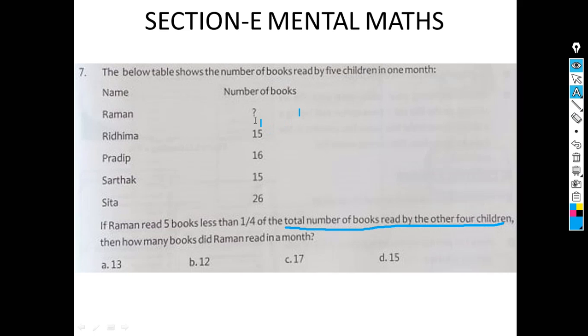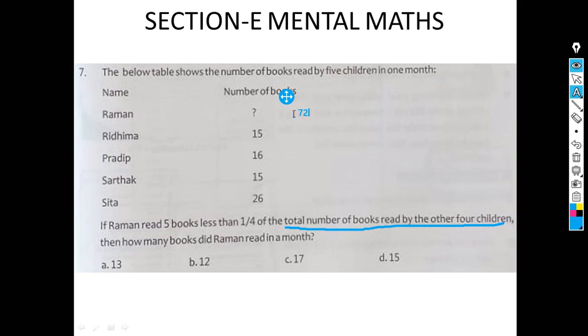This means that these 4 students, Ridhima, Pradeep, Sarthak and Sita, read 72 books in a month. The total number of books read by the other 4 children is 72. And Raman reads 5 books less than 1/4 of the total number.